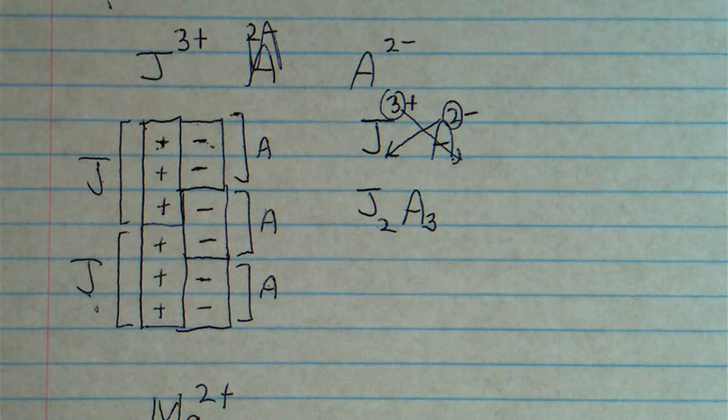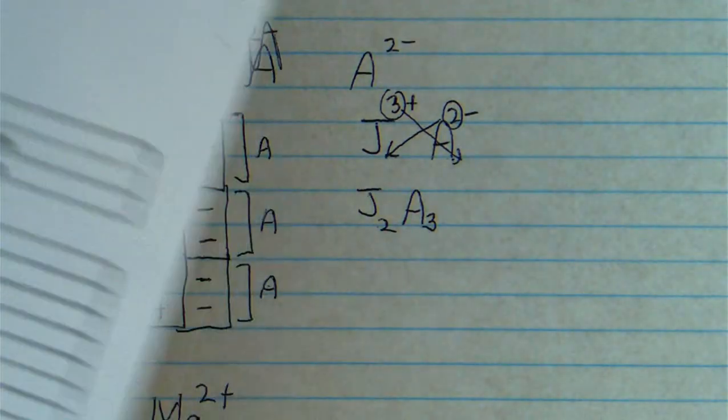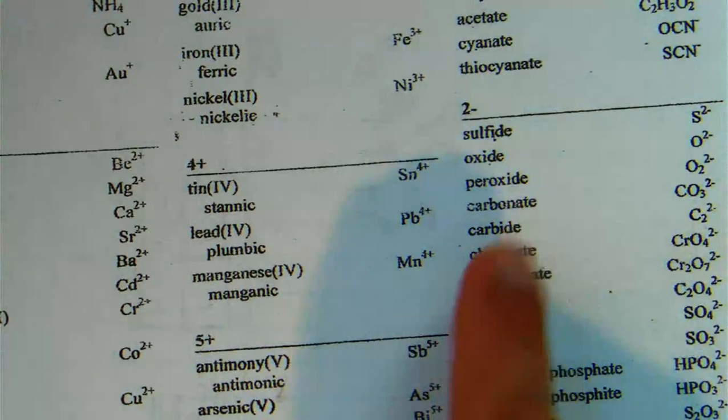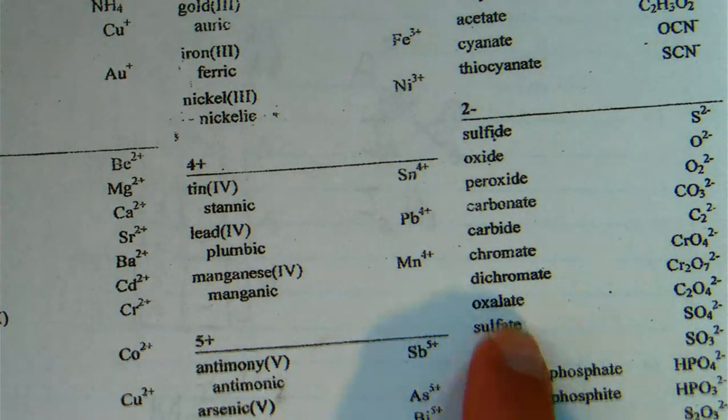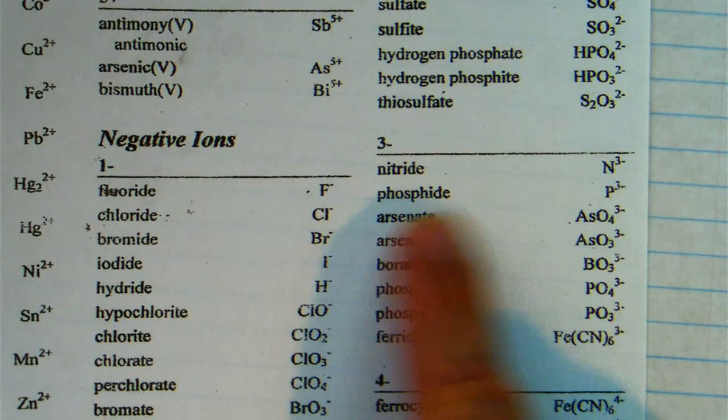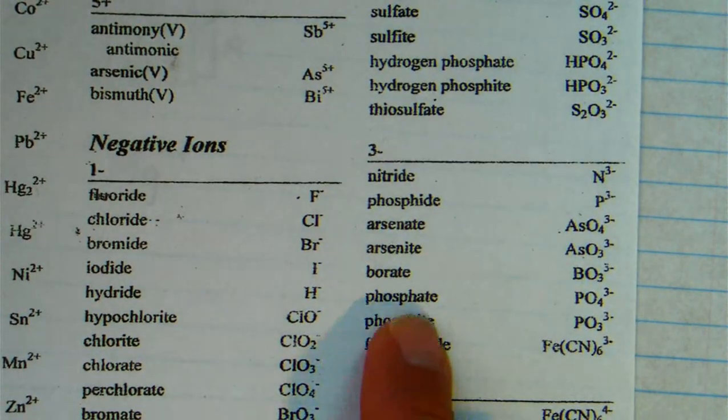Now I can go pick some other random anion. Oh, heck. How about, I don't know, oh, let's do one of these guys. Phosphide. That's not too exciting. But how about phosphate?